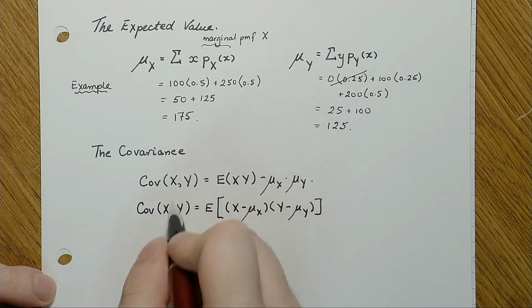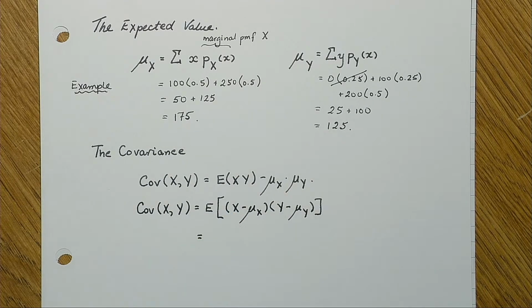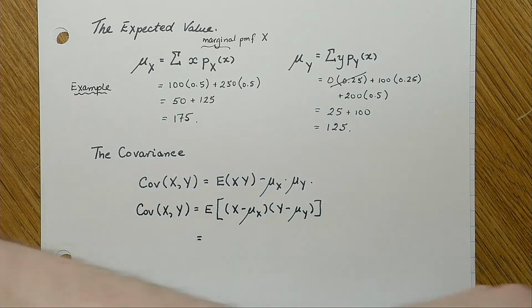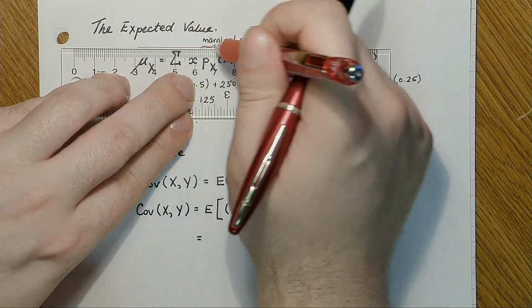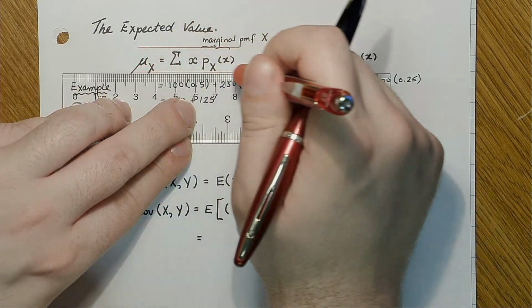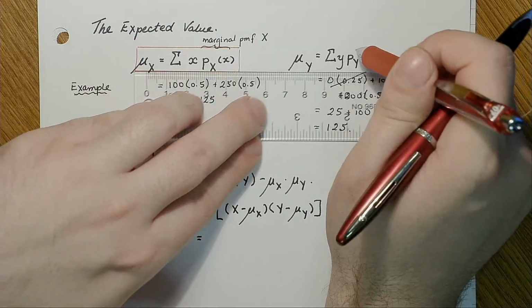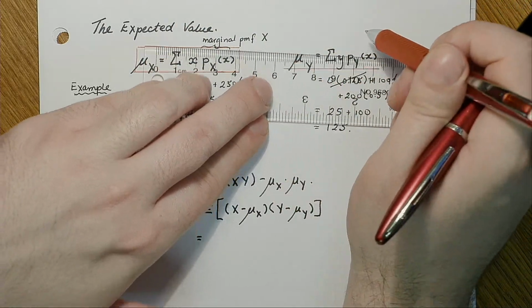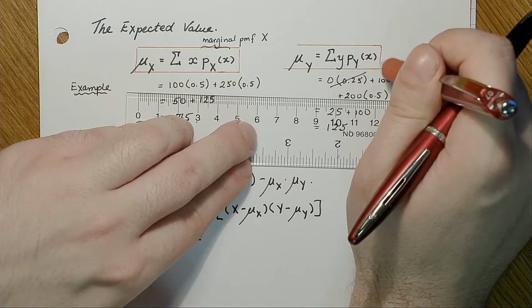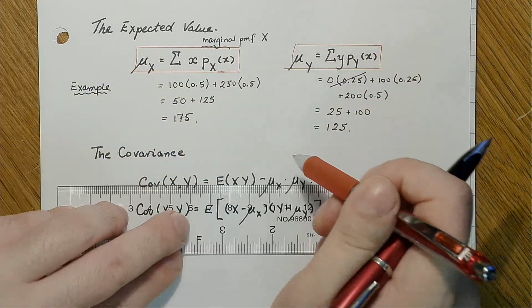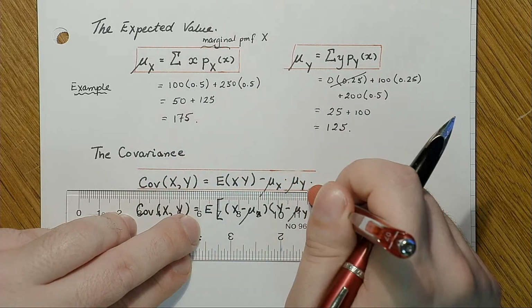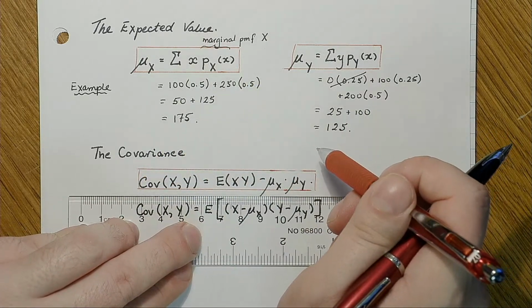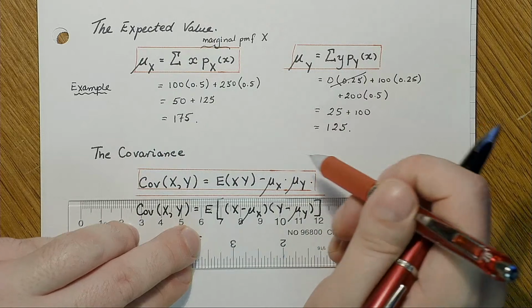So that's our formula for that. I should just put this in some boxes. We have a box here. We have a box over here. This is important. This is one formula for it. Here's another.